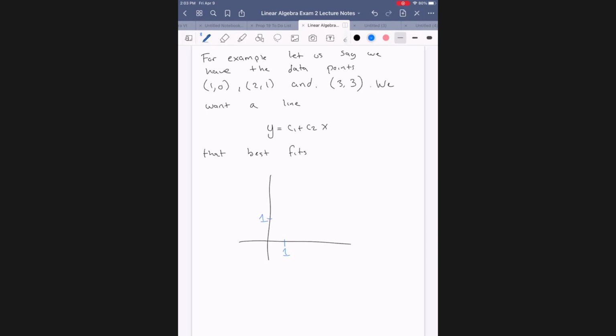So here's one point right here. Here's 2, 1. So here's another point right here. And then 3 and 3. So here's another point up here. So we want the line that best fits it, meaning it's something like this, right?